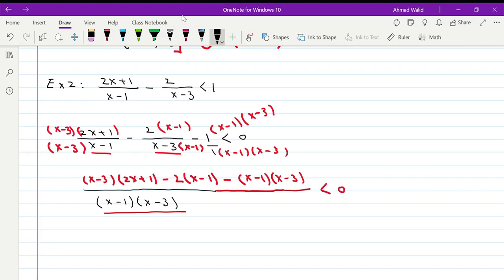It looks crazy but not difficult. Here you FOIL. Here you distribute. And here you can FOIL it again.